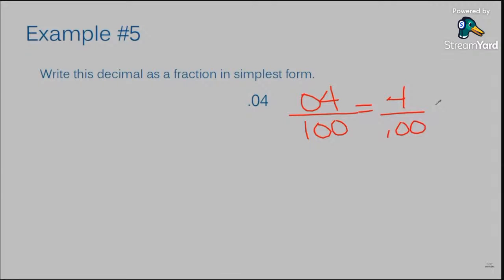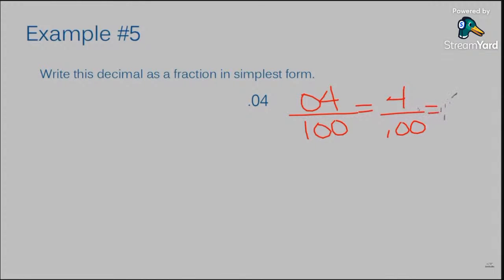Now, they want us to write our answer in simplest form. If we find the greatest common factor between these two, we'll only have to simplify once. If we don't find the greatest common factor between the two, we may be simplifying more than one time. I know that 4 can go into 4. I also know that 4 can go into 100 evenly.